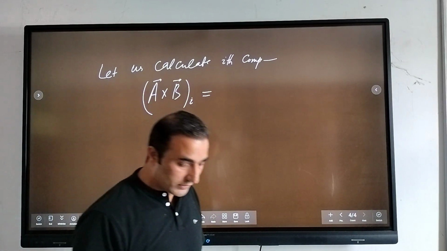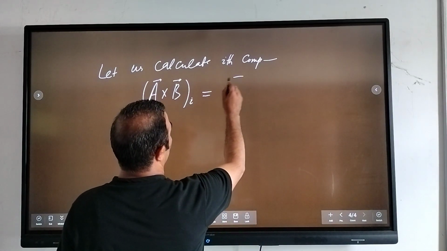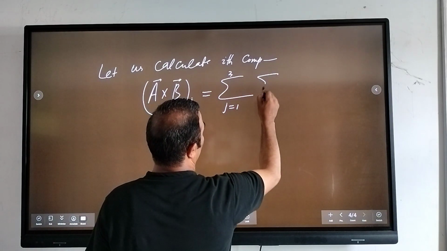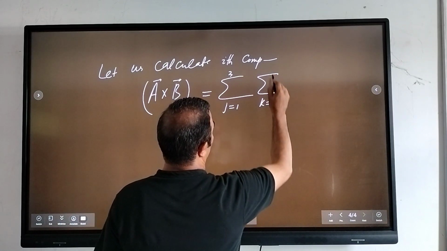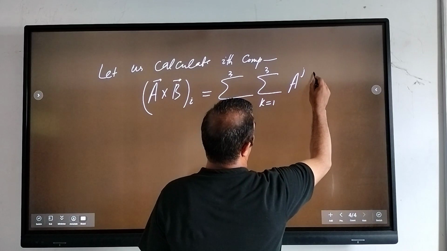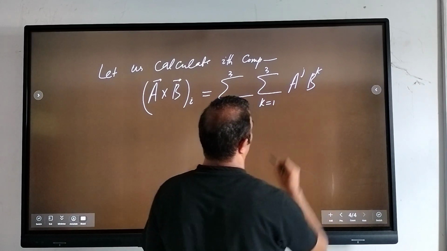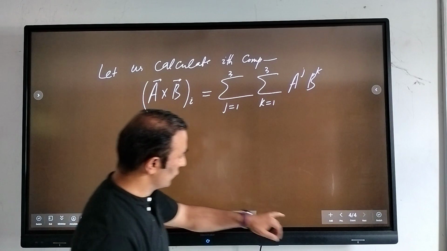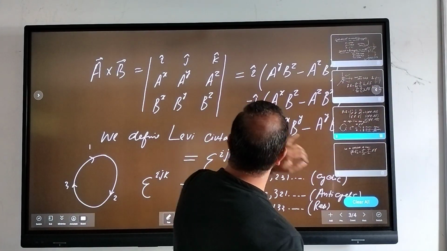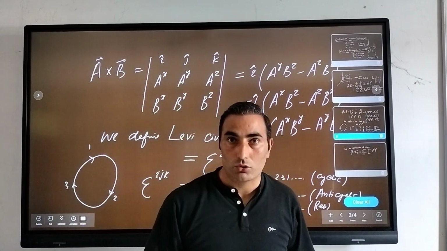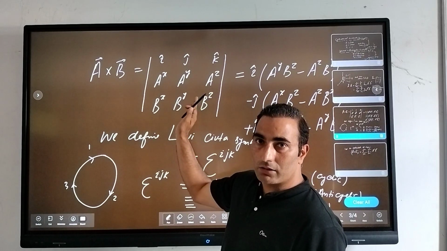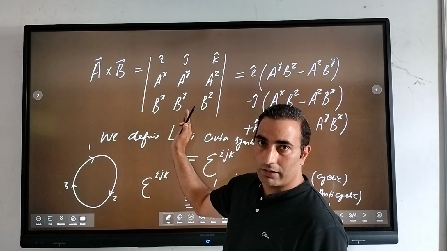So this will be equal to... okay, remember, just check: when we are calculating the ith component, only the second and third components of the a and b vectors will survive, right?